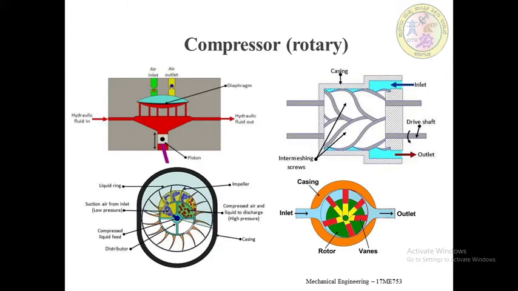Look at these images. These are all the various compressors we have explained in a previous slide. This is diaphragm compressors. A diaphragm compressor is a device where a slight variation of pressure is utilized to actuate these actuators. You look at this portion.